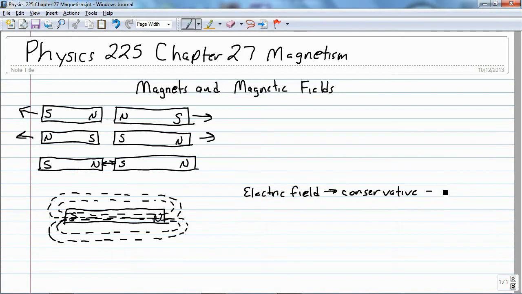And that's because it starts at positive charges and ends at negative.